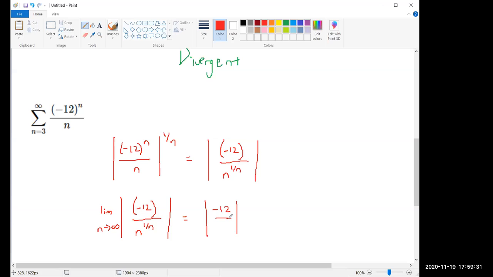It's n to the power of 1 over n. Yeah, 1, right? Because the exponent is approaching 0, and anything to the 0 power is 1. So this becomes just 12 after you take the absolute value. So this is divergence, right?